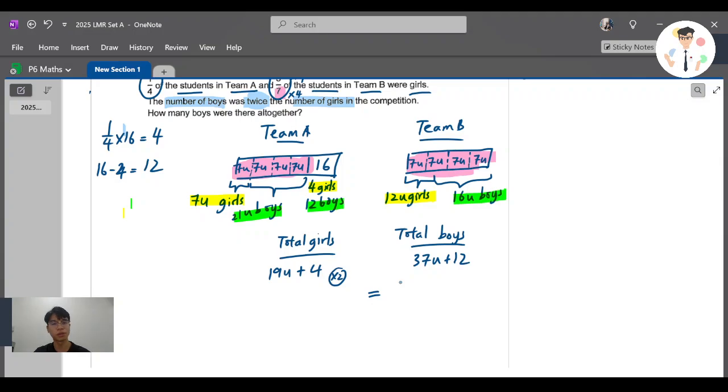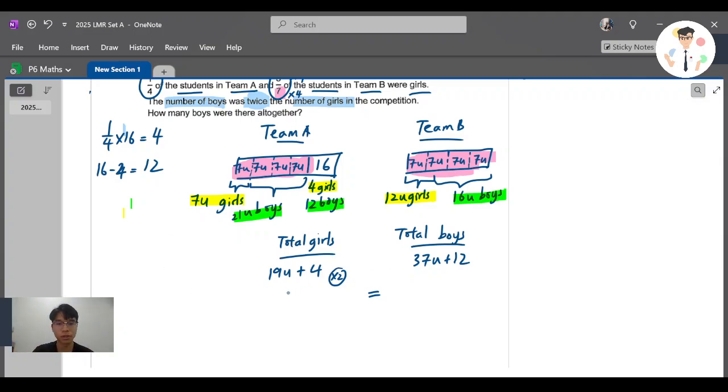Huh? Teacher, what do you mean? Okay, here, the number of boys is double the number of girls. So what I can choose to do is to double the number of girls so that it will be equal to the number of boys.